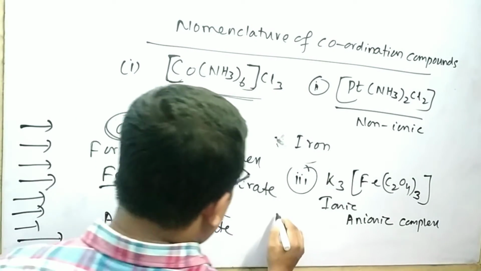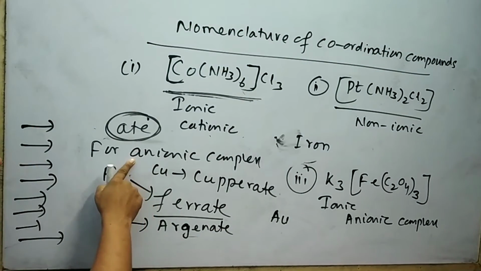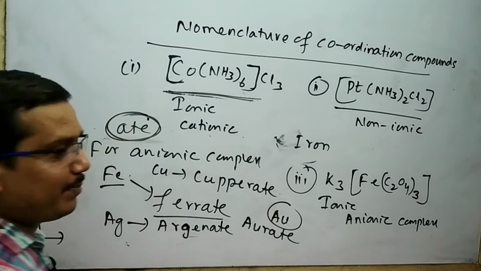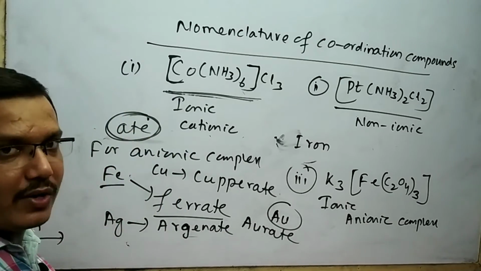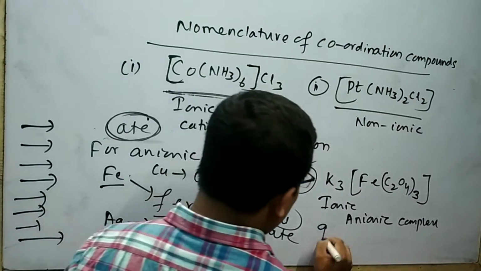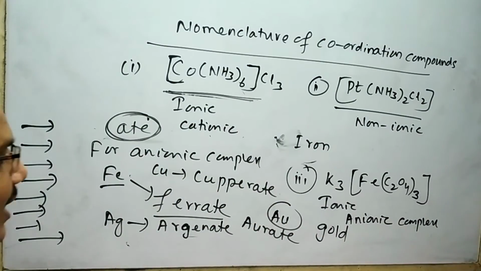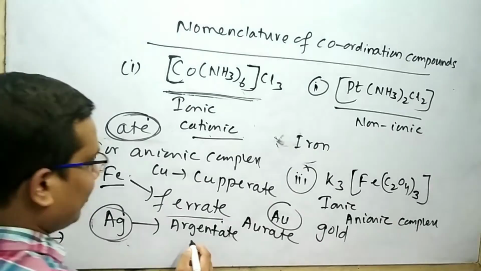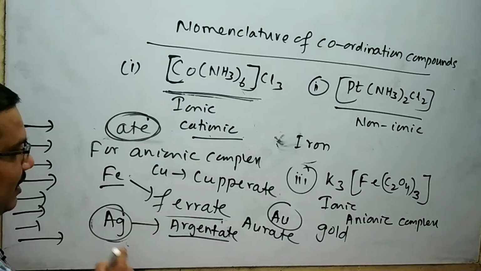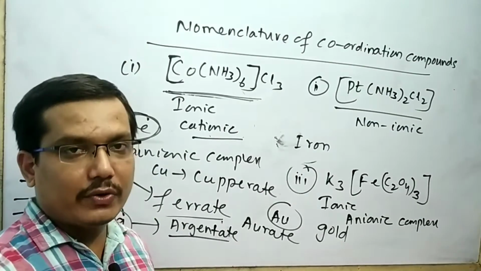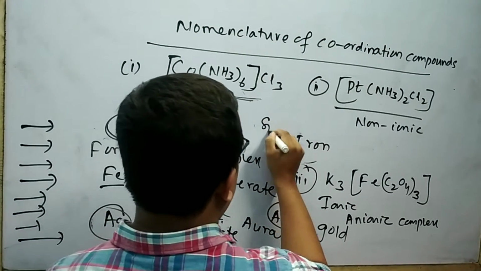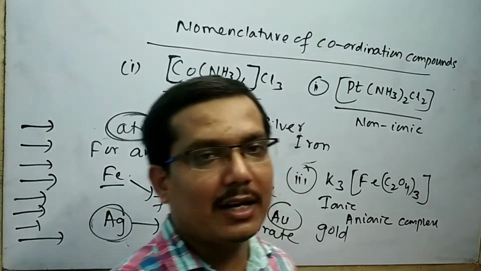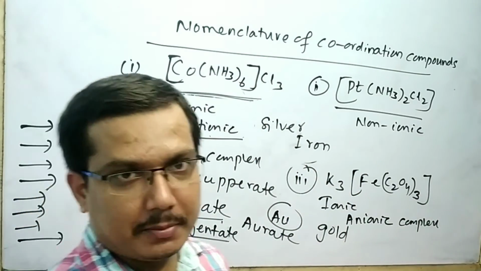If the metal gold is present in an anionic complex, then I can write aurate. If the gold is present in a cationic or neutral complex, then it is bound to write only the word gold. Don't write aurum. Similarly, if silver is present in a cationic or neutral complex, then it is bound to write silver. This is the exceptional case which generally arises in those elements having a Latin name.